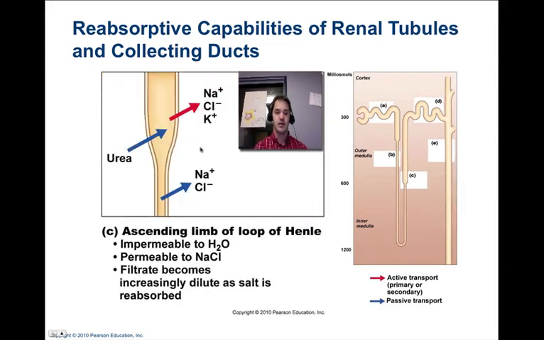The ascending loop of Henle is impermeable to water, so water doesn't leave here, but sodium, chloride, and potassium do. So in the ascending loop, we pump out sodium, chloride, and potassium, and in the thick segment and in the thin segment, sodium and chloride diffuse out. So the filtrate becomes increasingly dilute as it ascends, and as salt is reabsorbed.